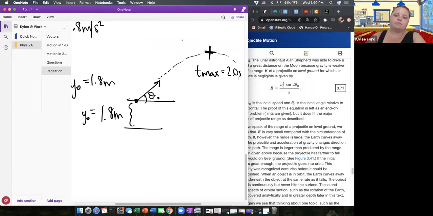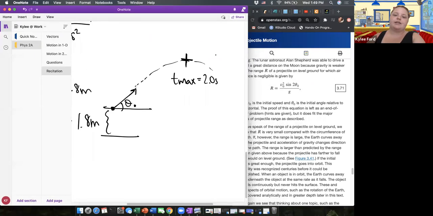Thinking about my maximum height here, we remember that my velocity in the x direction stays the same throughout my trajectory, right?